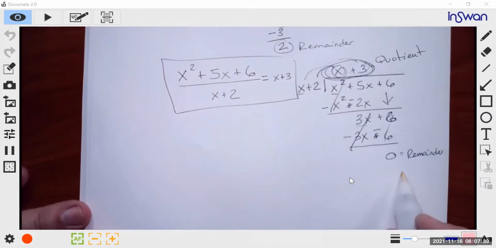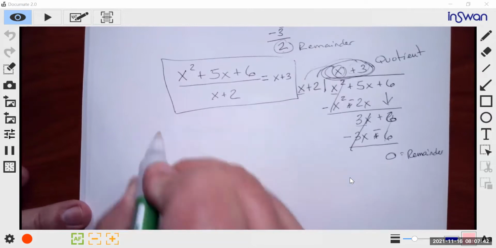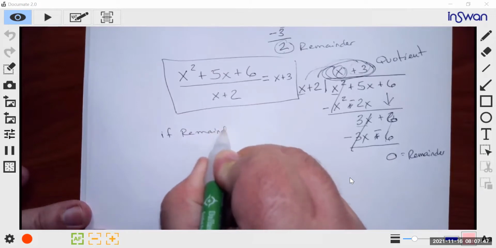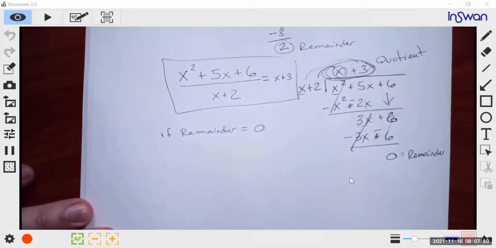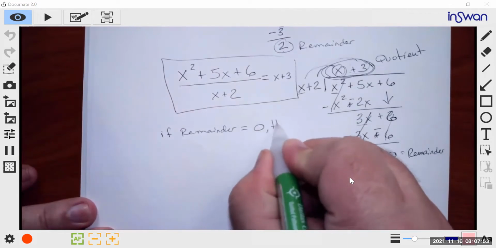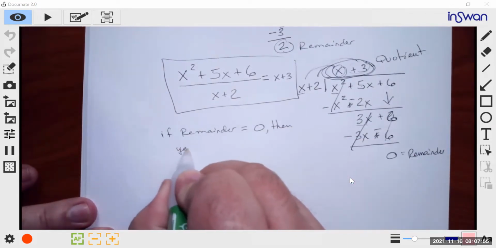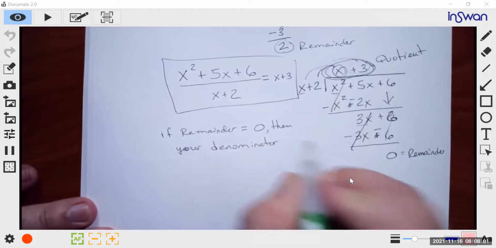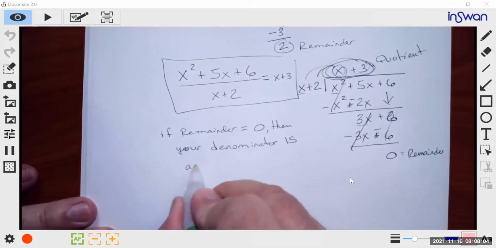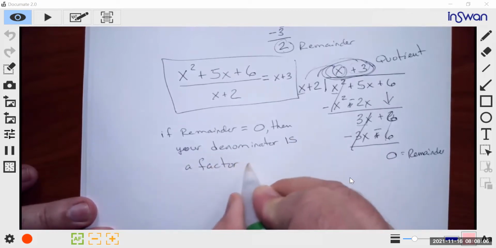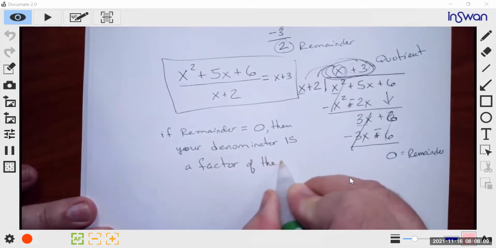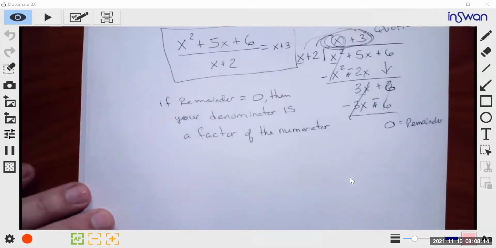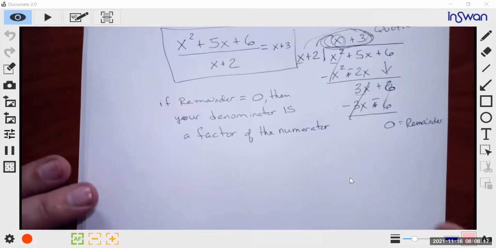Here's an important observation. If the remainder equals 0, then your denominator is a factor of the numerator. That's the remainder theorem.